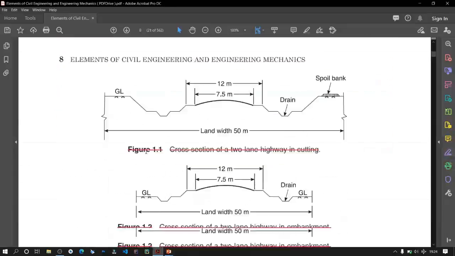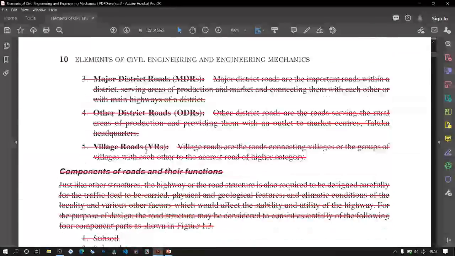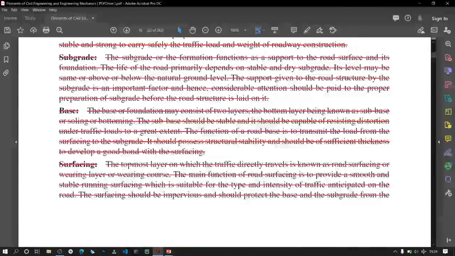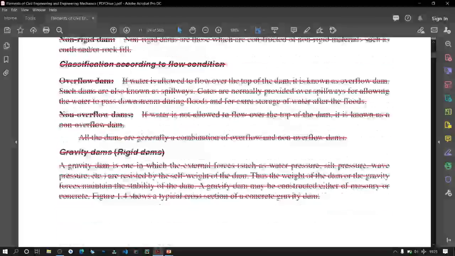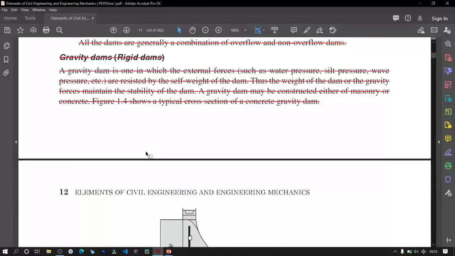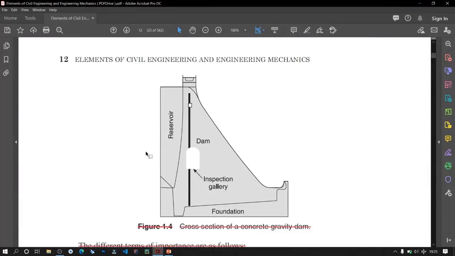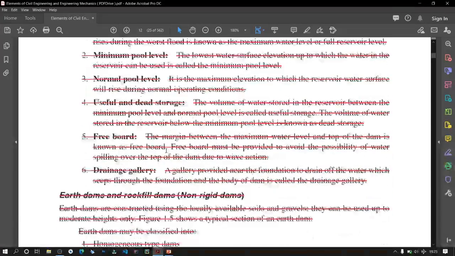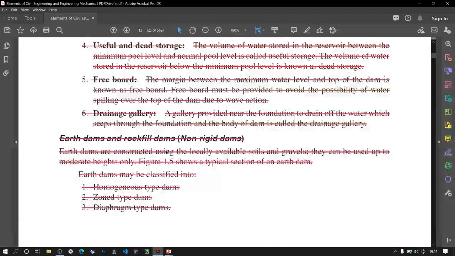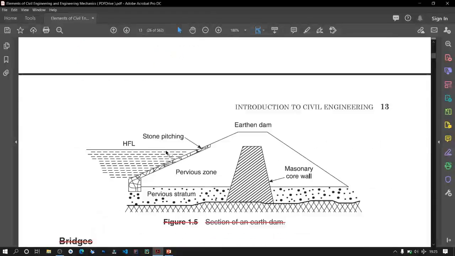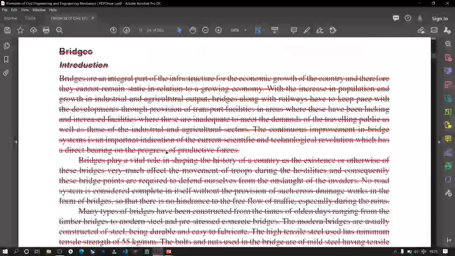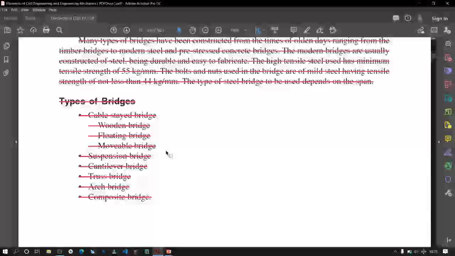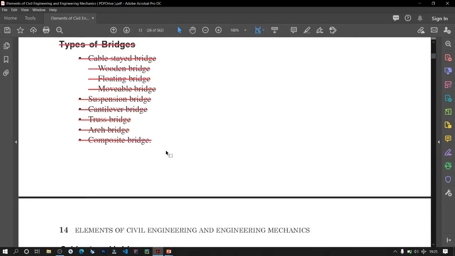Then roads and highways. I just deleted it, as I have said, because it's not in the new course, and the book is of the 14 to 18 syllabus, though it contains everything of the 18 syllabus. The new syllabus has some parts removed. Bridges and roads are not in our course, but still sir had taught us.